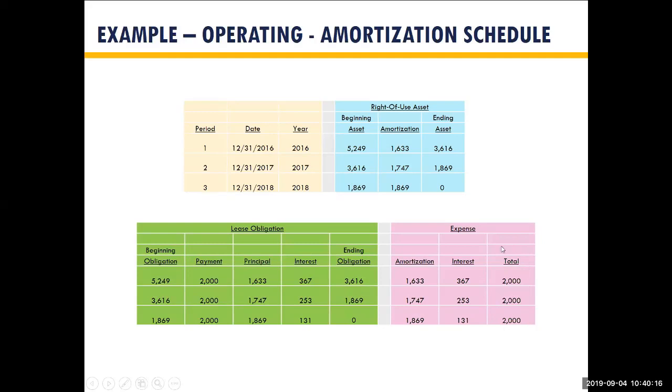So it's that straight line. It's just equal to the payment in this example. And so that expense recognition is still on that straight line basis, and really any difference goes through the right of use asset. And so then in this example, since we started off in the same place, we'll actually amortize down the right of use asset and the lease obligation in the same manner.